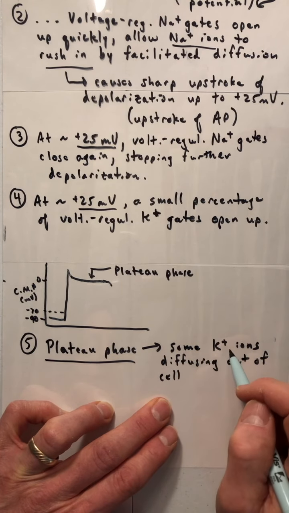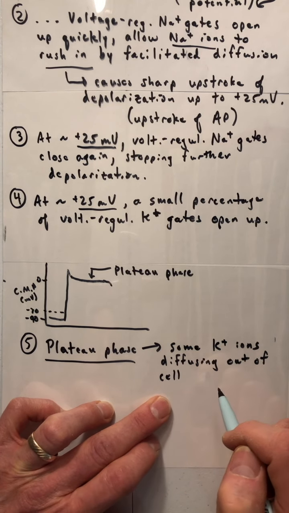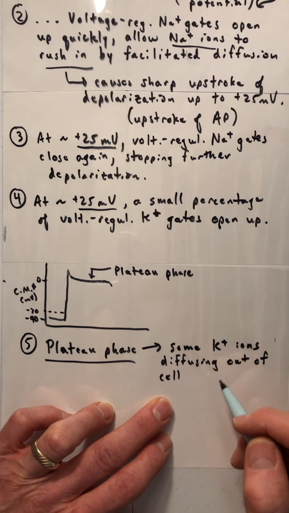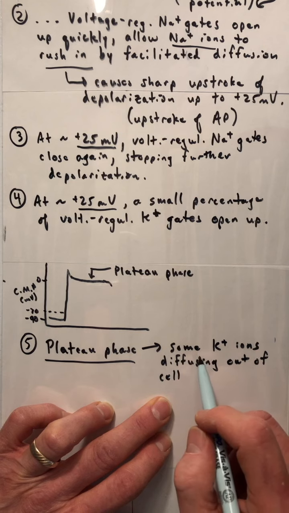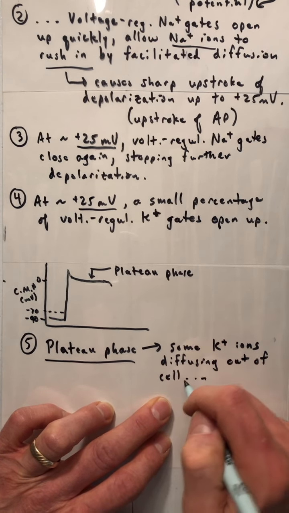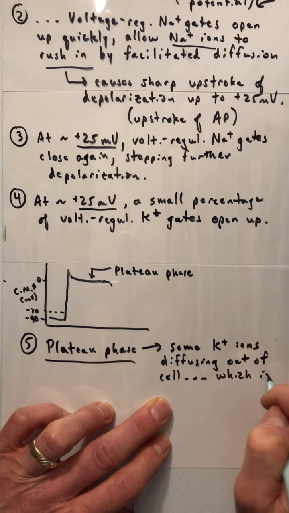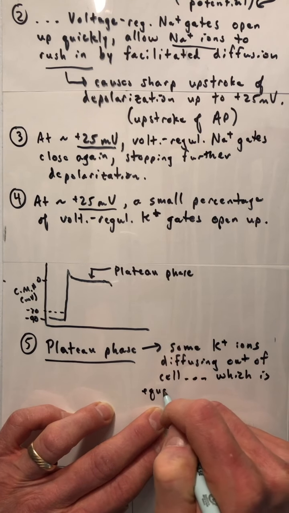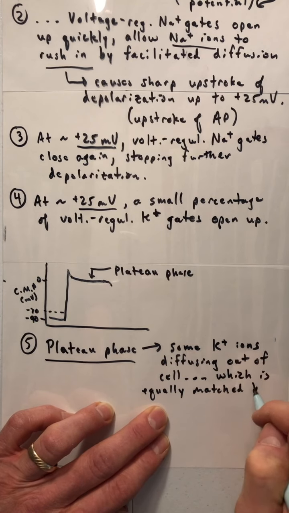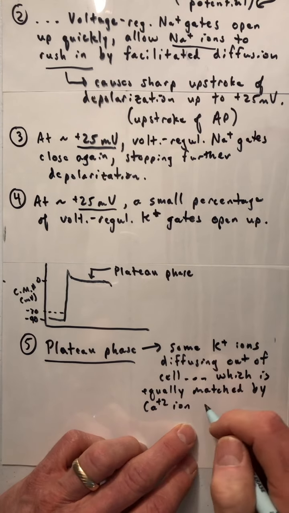But the amount of positive charge in the form of potassium ions moving out turns out to be equally matched by the amount of positive charge due to calcium ions moving in. So some potassium ions diffusing out of the cell is equally matched, in terms of charge, by calcium ions diffusing into the cell.